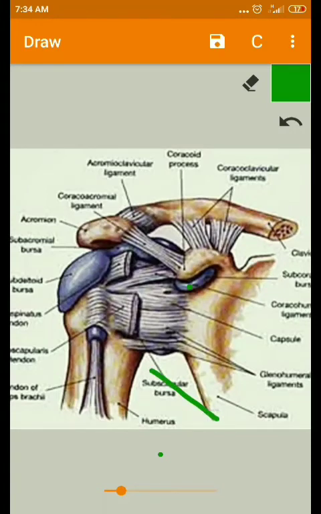So these are the other bursae related to this shoulder complex, and the major, important one is the subacromial bursa.